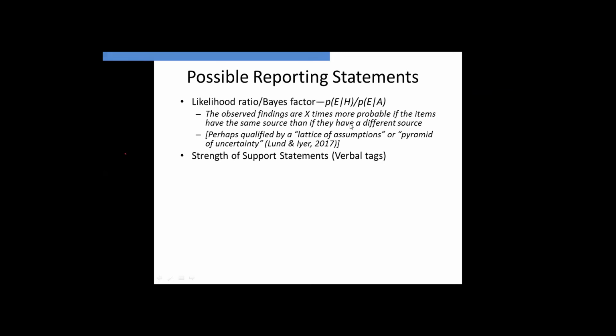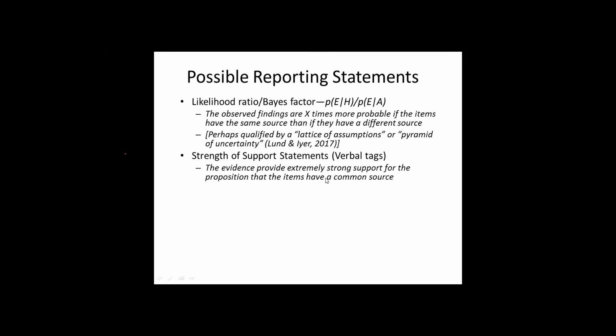I mean, others are concerned that lay audiences may not understand likelihood ratios as numbers, or that there may not be sufficient justification scientifically for coming up with particular numbers, and would prefer that rather than having experts report likelihood ratios as numbers, they simply make statements about the strength of support that the results provide for a hypothesis, which would be based roughly on an assessment of conditional probabilities, where the verbal tags would go up in value according to the size of the likelihood ratio.